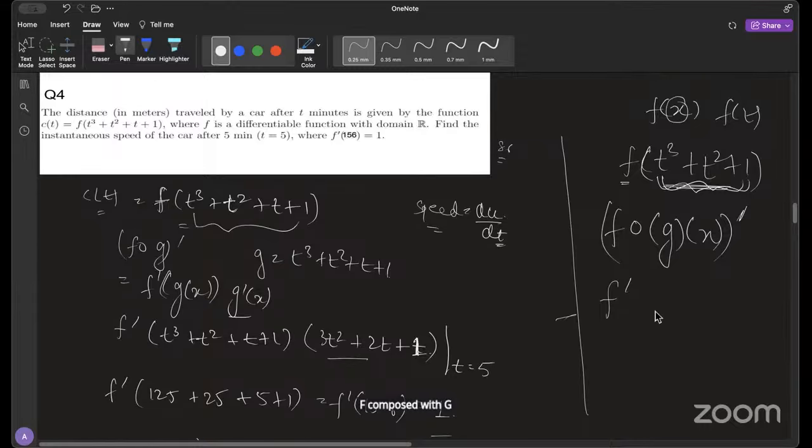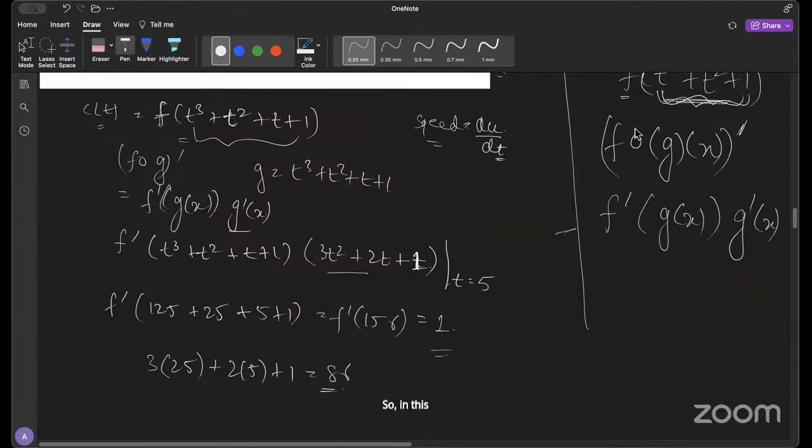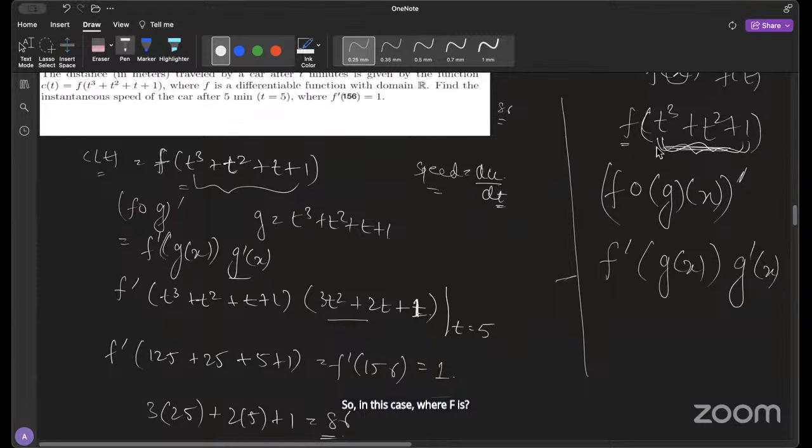First, you find the derivative of f and keep g of t as the argument of f. We don't know what f is, so let's take f dash of g t, and g dash t. So it will be f dash of t cube plus t square plus t plus 1.